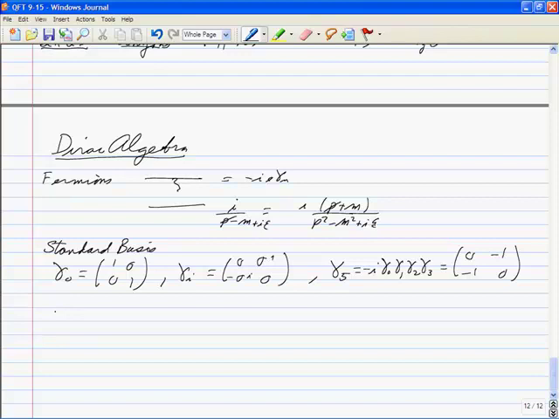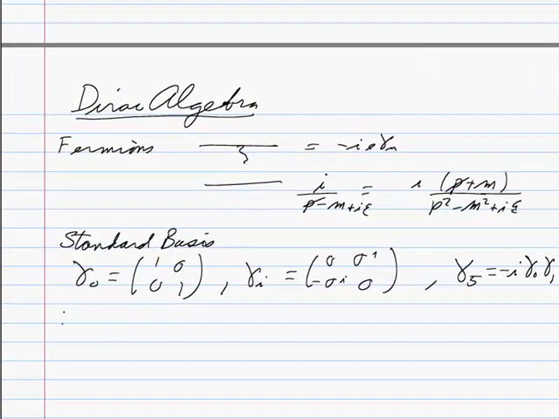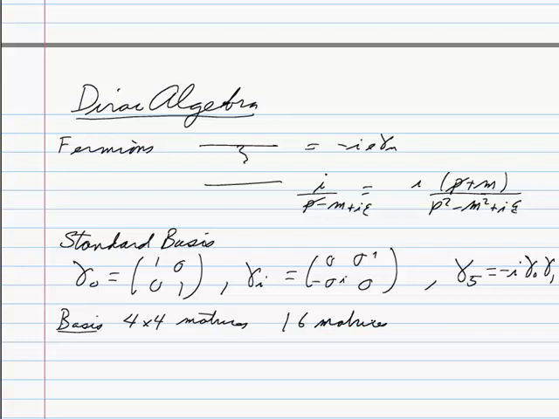For the basis of states, these are 4 by 4 matrices. And so we can define 16 matrices as a basis.